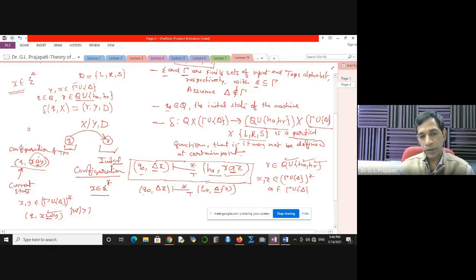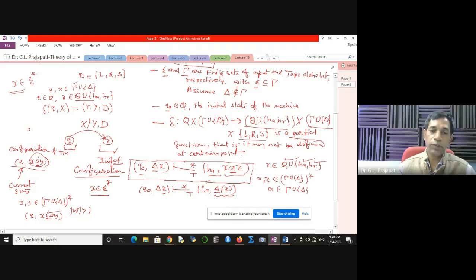f(x). So this may be the situation. This shows that you are starting from the initial configuration while taking the input x, and you are computing the partial function. By making the sequence of moves in the Turing machine, there is a way to reach HA, meaning after computation there is a successful computation, because your machine goes to HA, and whatever the contents of the tape are, this is the output of your partial function, f(x).